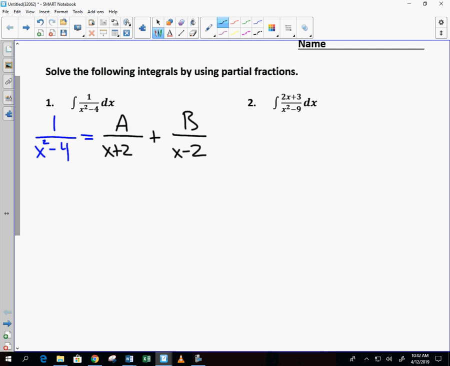All right, let's think of how you would solve for this. You would multiply both sides by a common denominator, correct? So in this situation, you would multiply by x plus 2 and x minus 2. Here you get A times x plus 2, and here you get B times x minus 2.